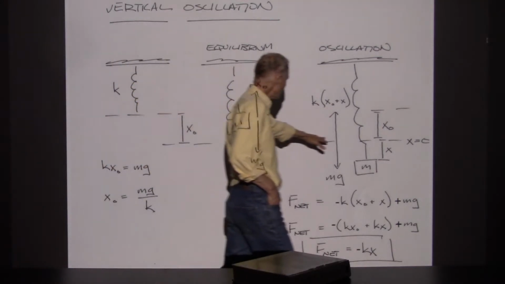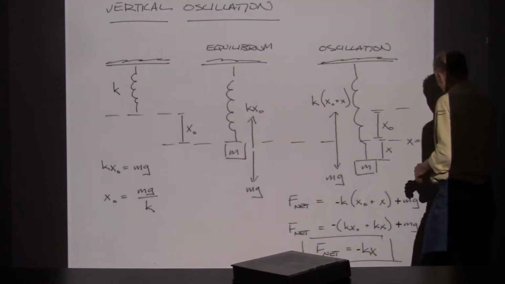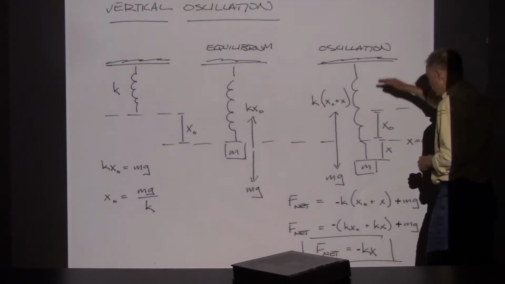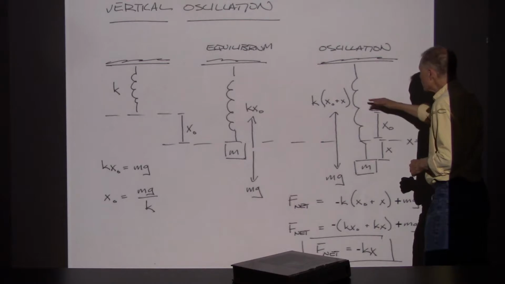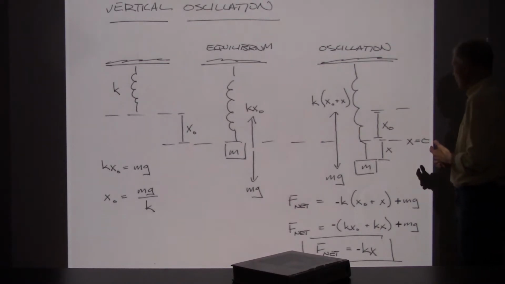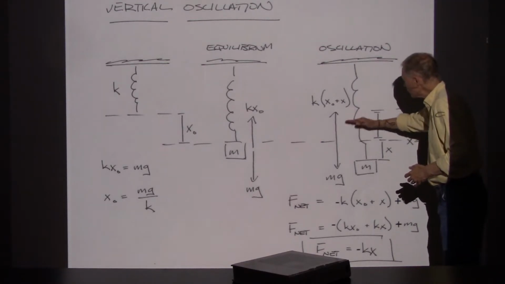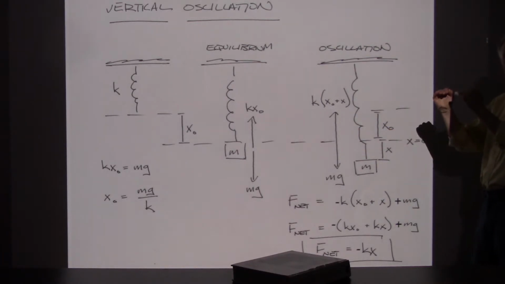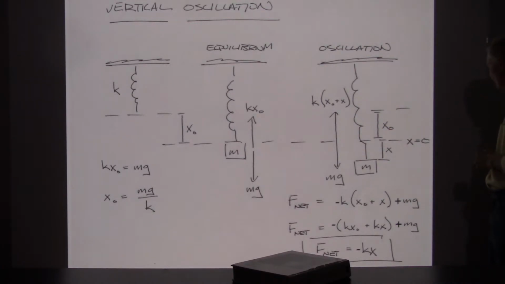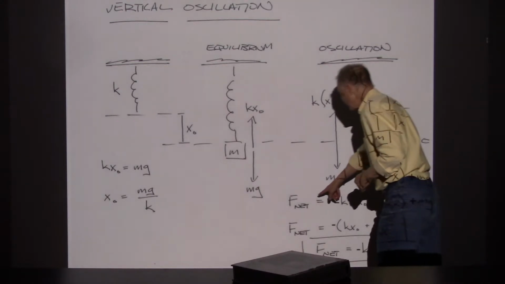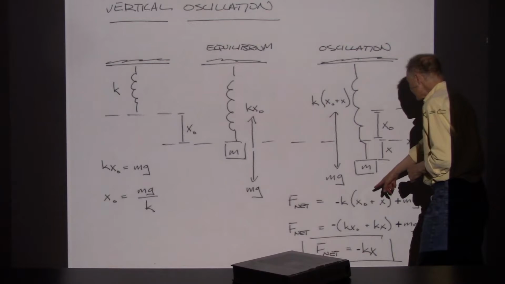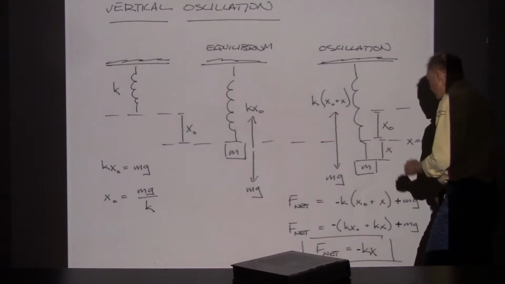So now we're going to take that new equilibrium point and designate that as x equals 0, and then we're going to let oscillations take place surrounding the new equilibrium. So now the amplitudes will be evenly spaced around the new equilibrium level. And then these formulas are just saying that the net force acting on this now is minus k times (x naught plus x).